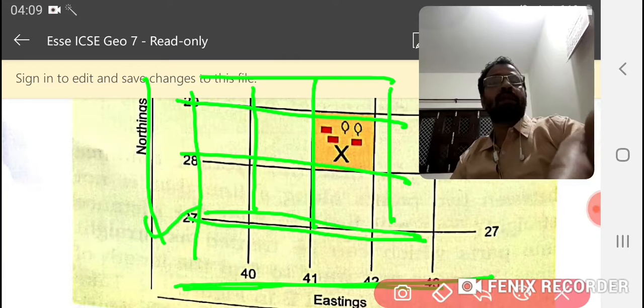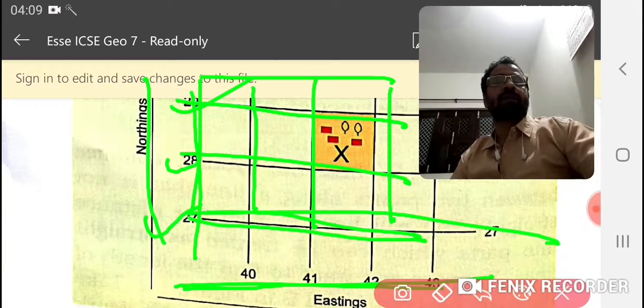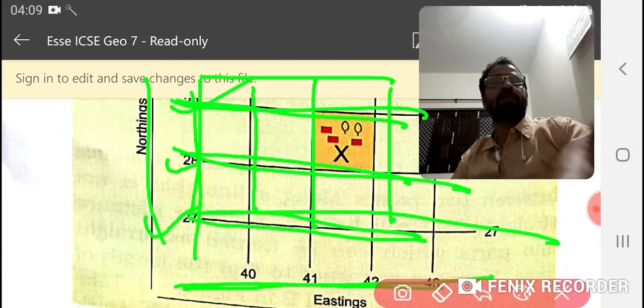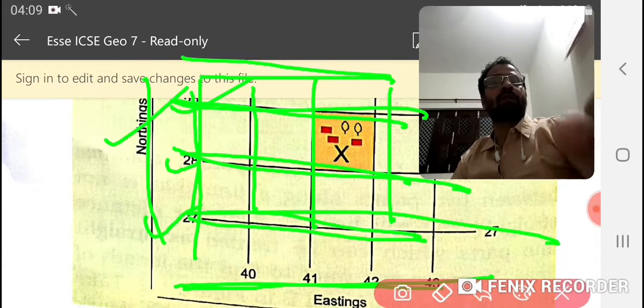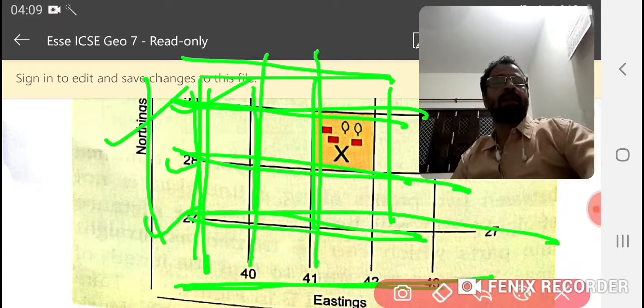According to the numbers we have to understand: 27, 28, 29. This line increases towards north. This is known as northing. And this line is known as easting, because from left side to right it is increasing.